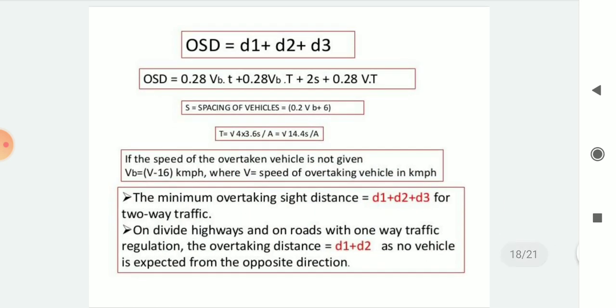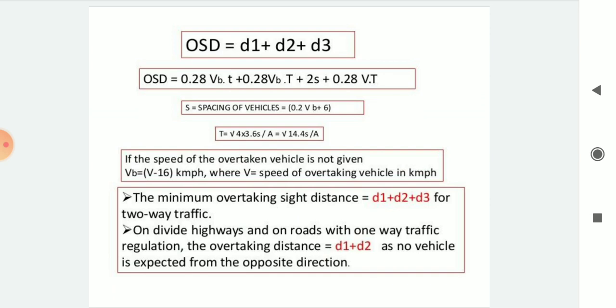So overtaking sight distance is equal to d1 plus d2 plus d3. Overtaking sight distance equals 0.28 Vb t plus 0.28 Vb T plus 2S plus 0.28 V T, where S is the spacing of vehicles, which is equal to 0.2 Vb plus 6.